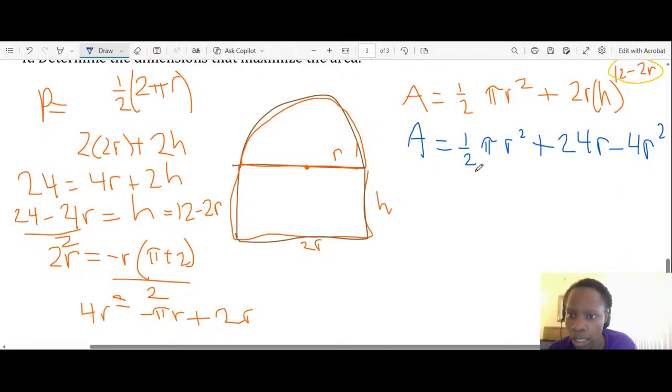So I can combine these two since they're both r squared. Or I could keep it separate either way.